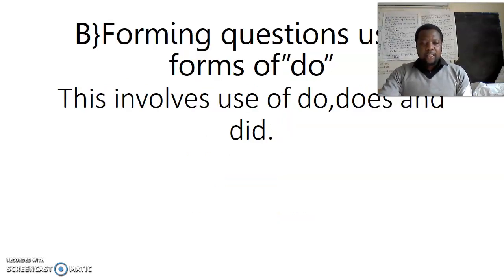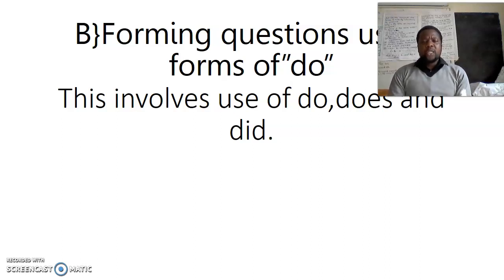Let's also look at the second method of how to form questions. The second method includes forming questions using the different forms of the do verb. Do exists in different forms: do itself, does, and did.